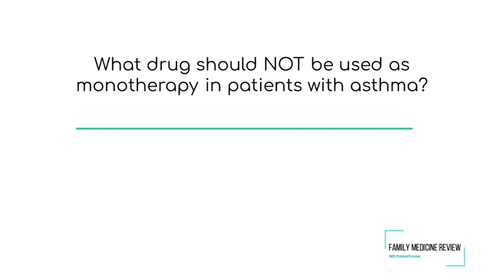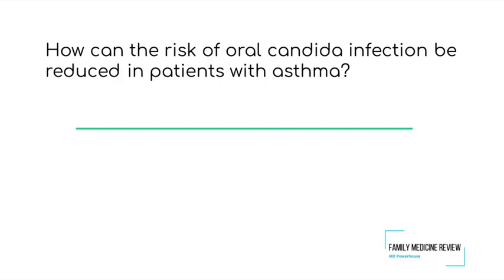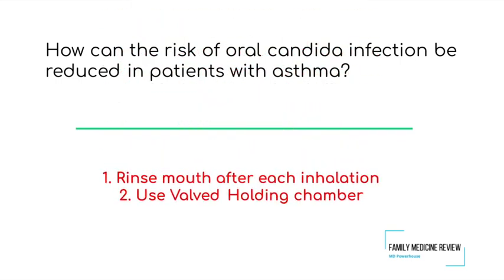Long-acting beta agonists. How can the risk of oral candida infection be reduced in patients with asthma? They should rinse their mouth after each use of their inhaler, and they should also use a valved holding chamber.